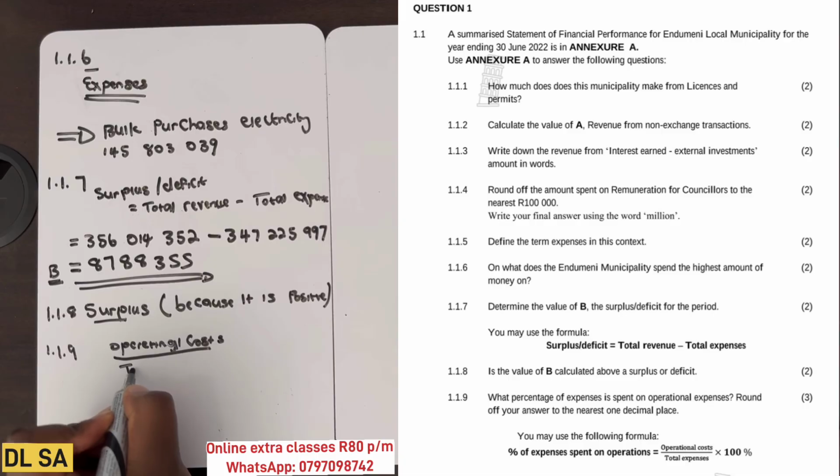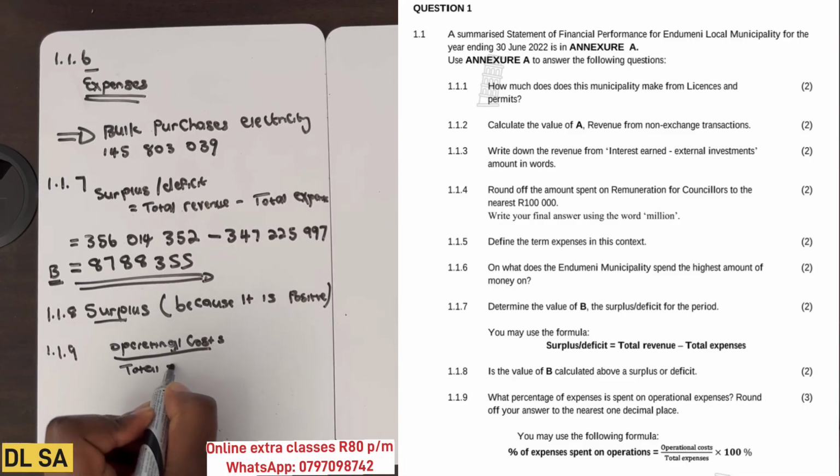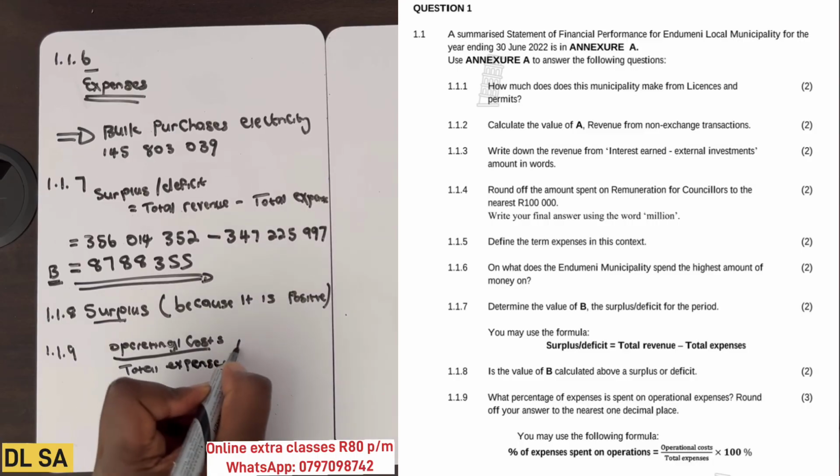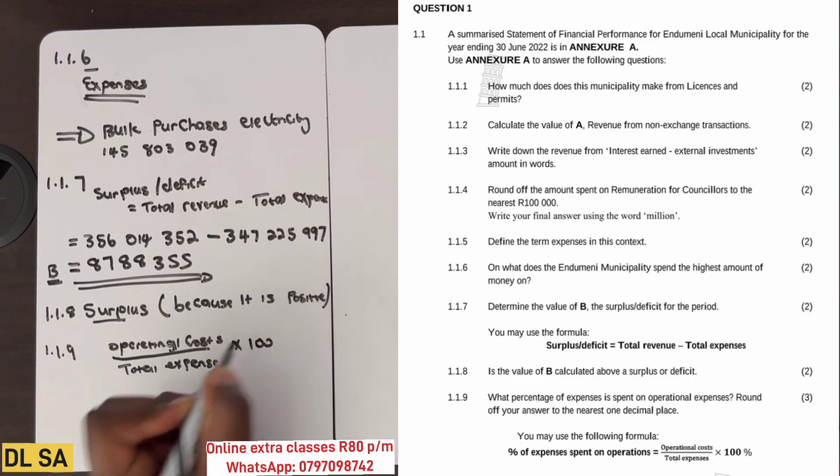So there's operational cost divided by total expenses multiplied by 100.